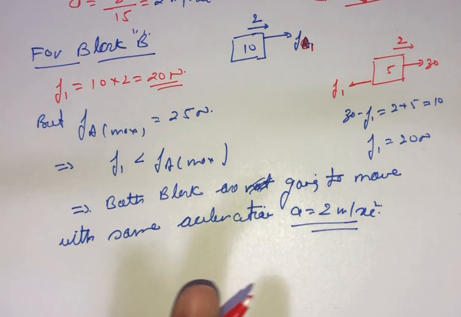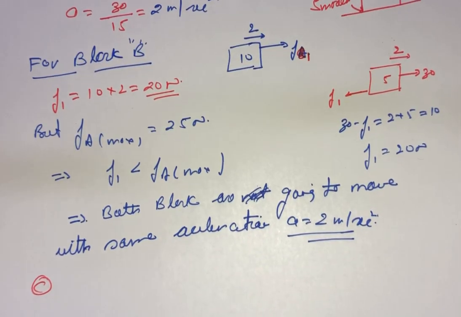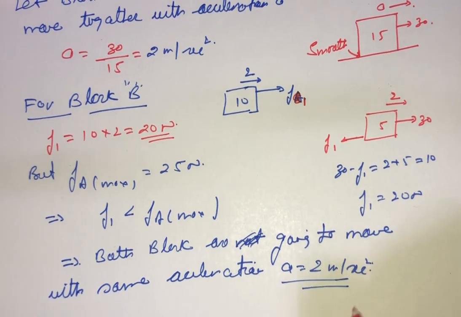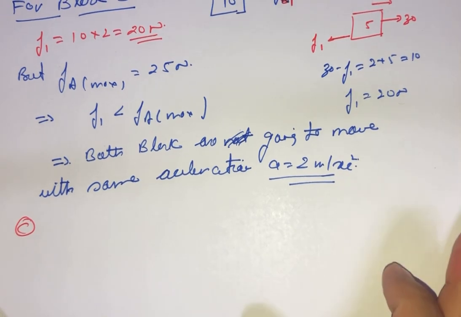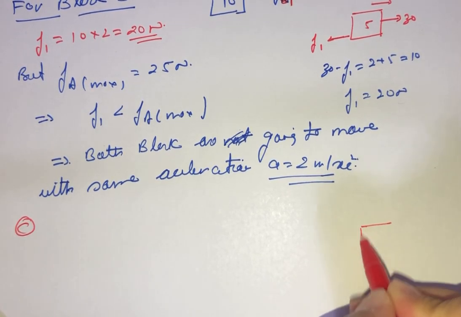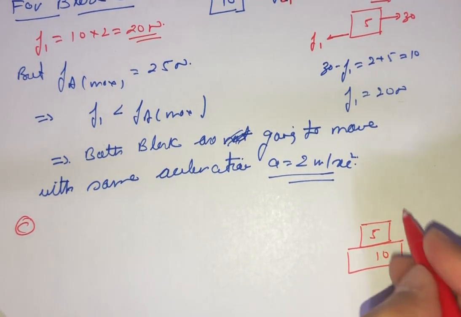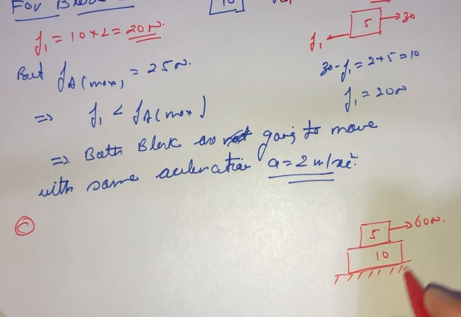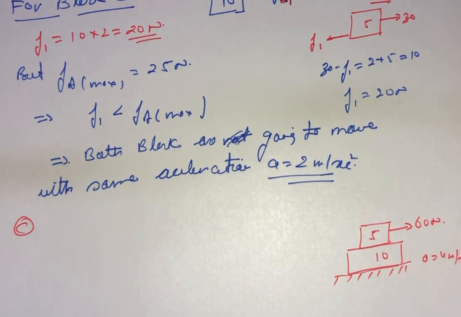And now we come to the C part. In the C part, we are given that blocks are there of 5 and this is 10, and a force of 60 Newton is applied and they are traveling with an acceleration of 4 meter per second square.